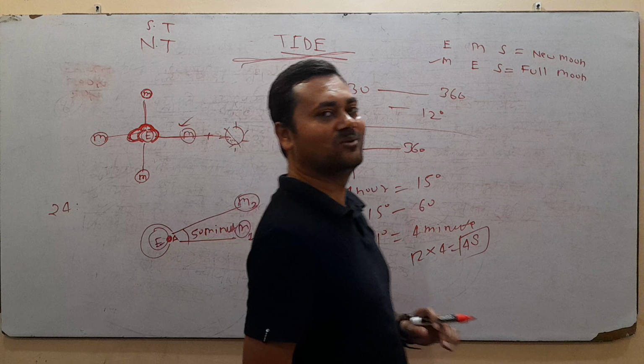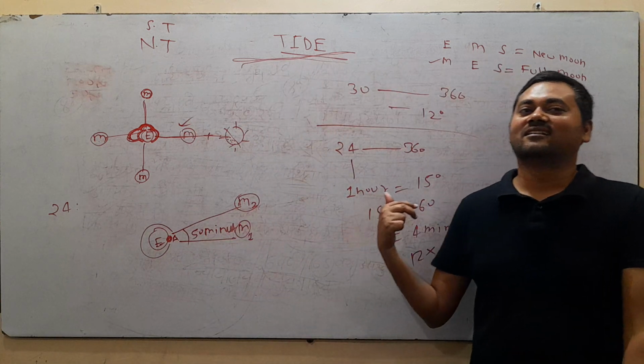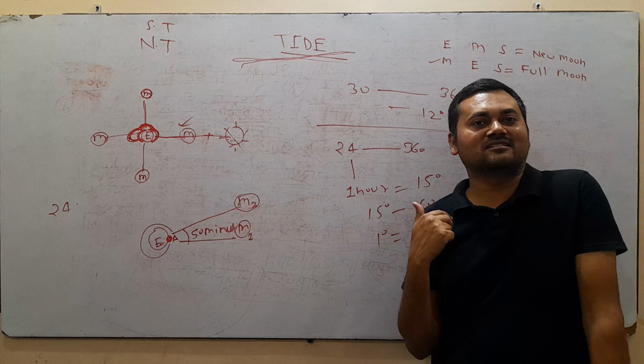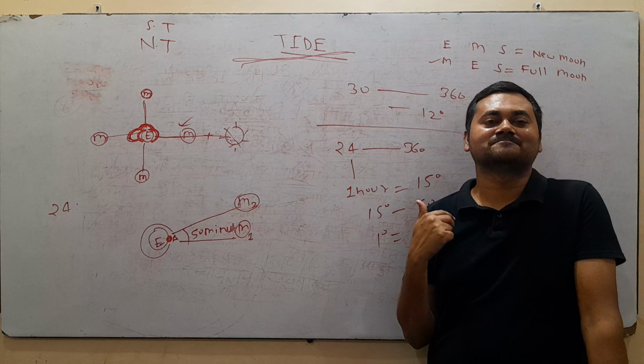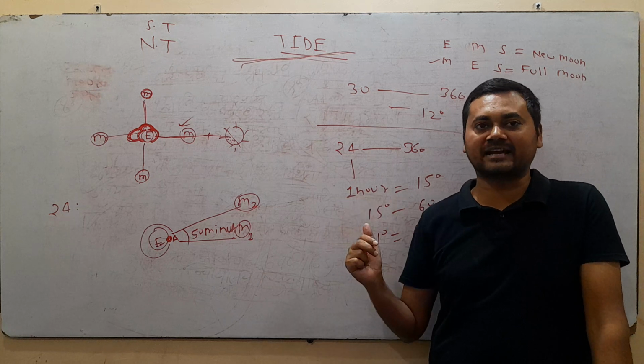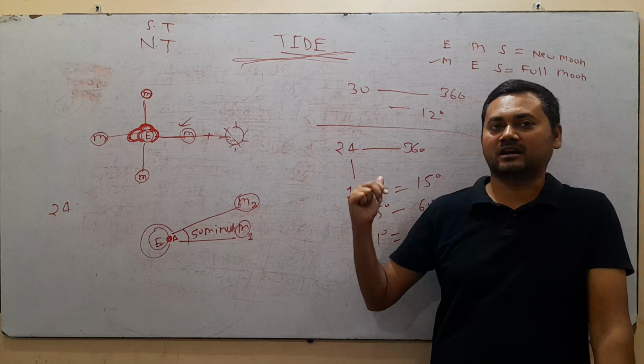So this was the full moon, new moon, the positions of the sun, earth and moon, and how neap tide and spring tide occur.